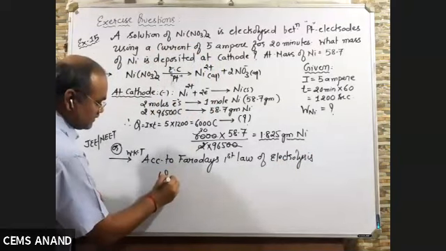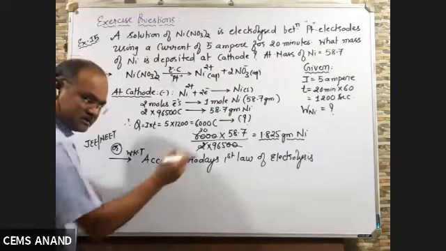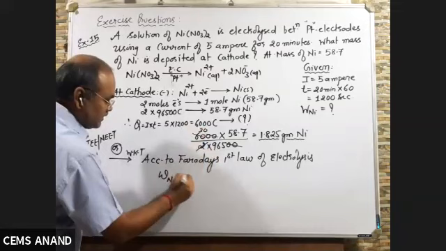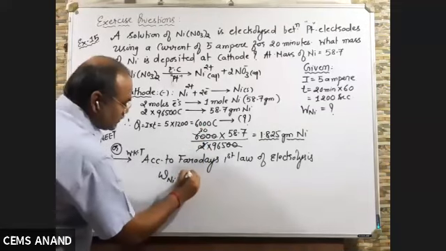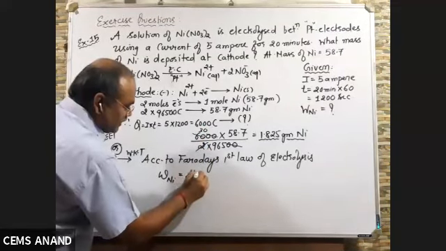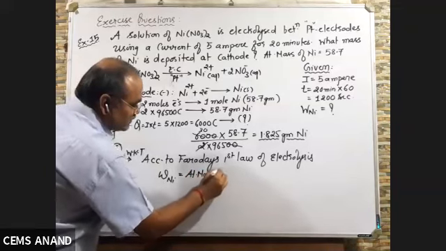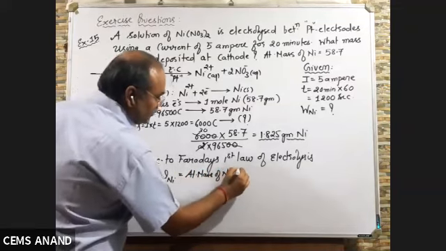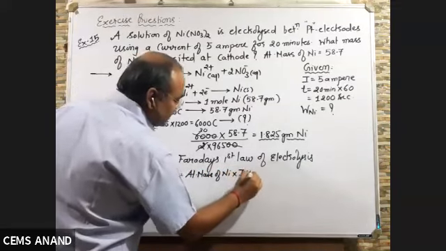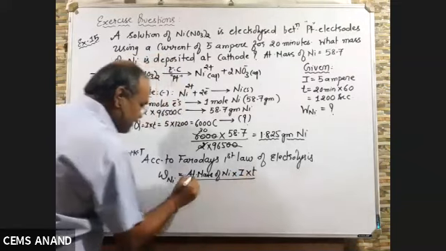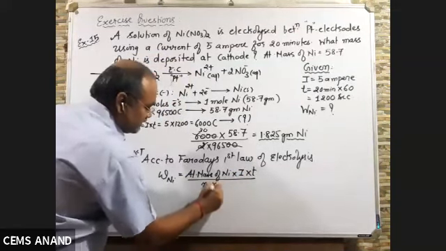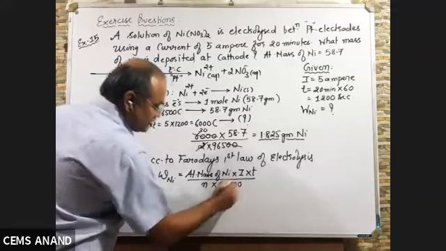Weight of nickel is equal to atomic mass of nickel into I into T divided by n into 96500.